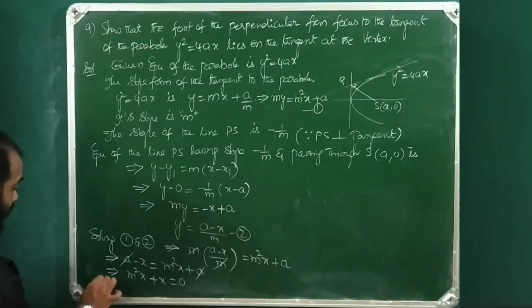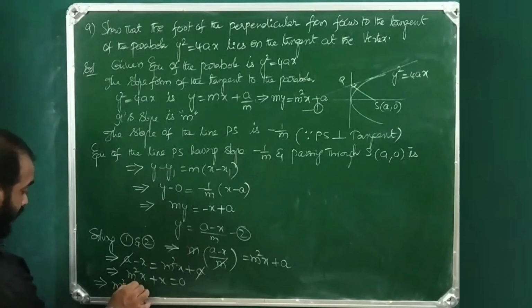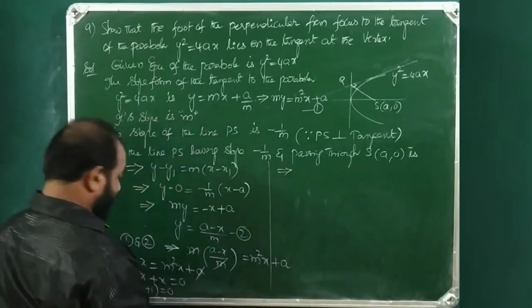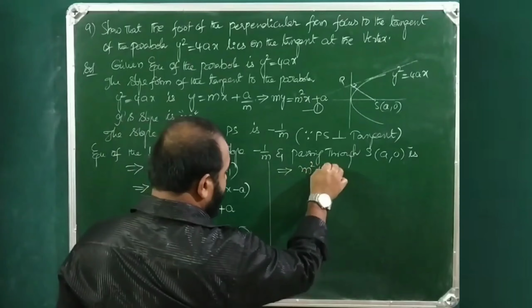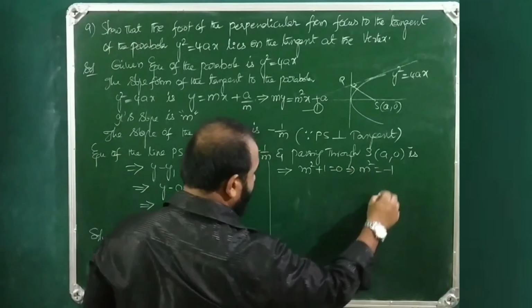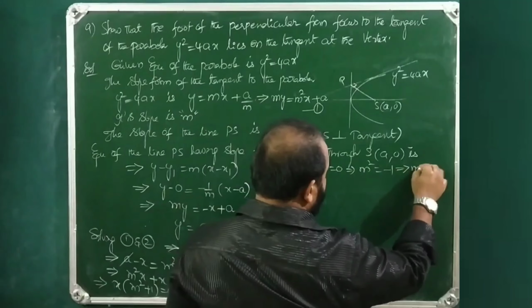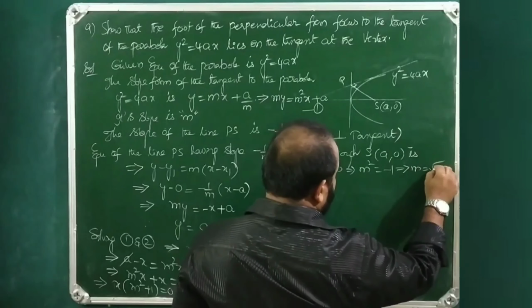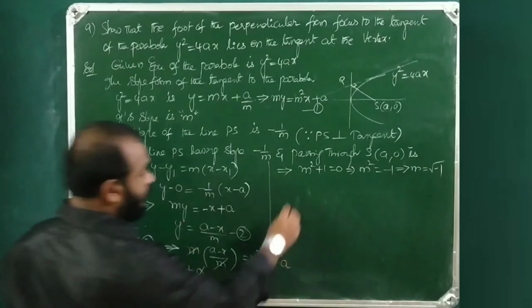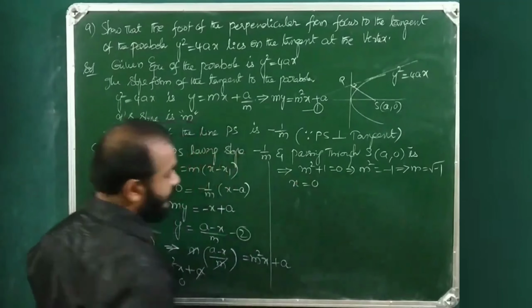Therefore, x into m square plus 1 is equals to 0. m square plus 1 equals to 0 gives m square equals to minus 1, m is equals to root of minus 1, which is not possible. Therefore, x is equals to 0.